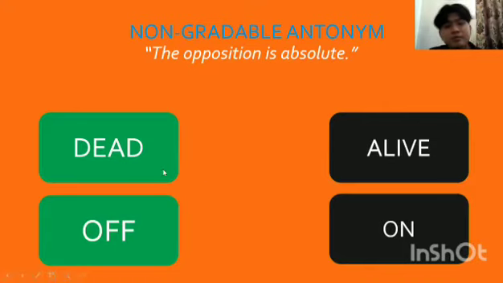So for the example, there are the words dead and alive, and off and on. If someone is dead, it means that he is not alive, and if the man is alive, it means that he is not dead.